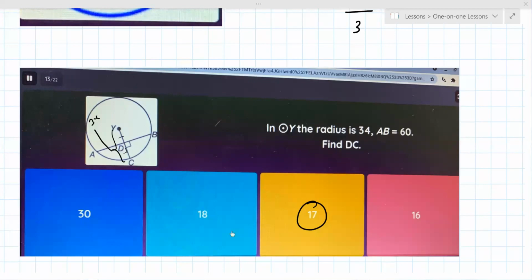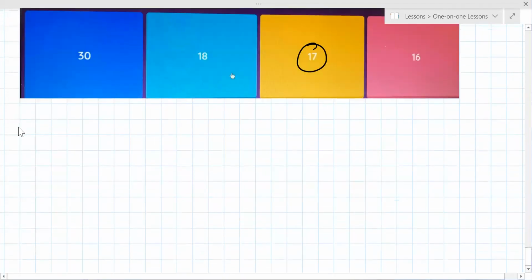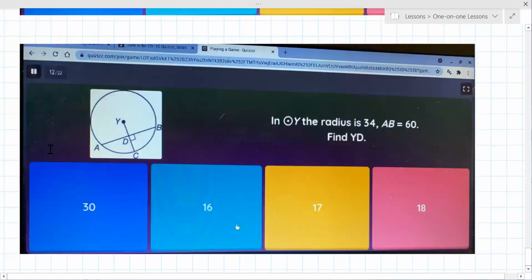Okay, so now this next question wants you to find Y to D, and again, I think that's the same as this. Not sure how else they expect you to, because this is 34, and we know that this is 60, so that's 30.